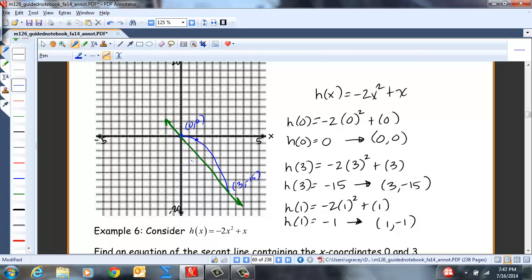This green line here is the secant line. So this here is the secant line we were looking for, containing x is 0 and x is 3.